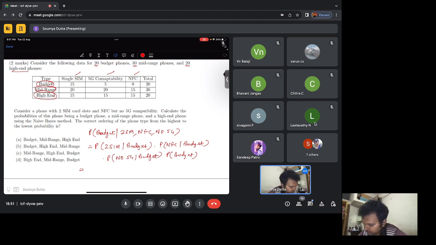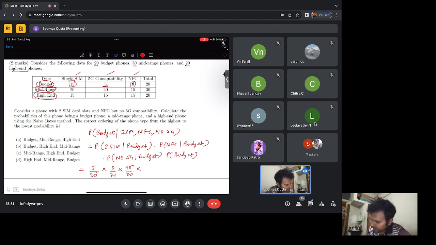So probability of 2 SIMs given budget. If you see here, there are 20 budget phones, out of which 15 are single SIM. So that means this would be 5 by 20. NFC given budget is 0 out of 20. And 5G compatibility, there are 5G compatible phones in the budget category, so this would be 15 by 20, because this phone doesn't have 5G, into the probability of budget.